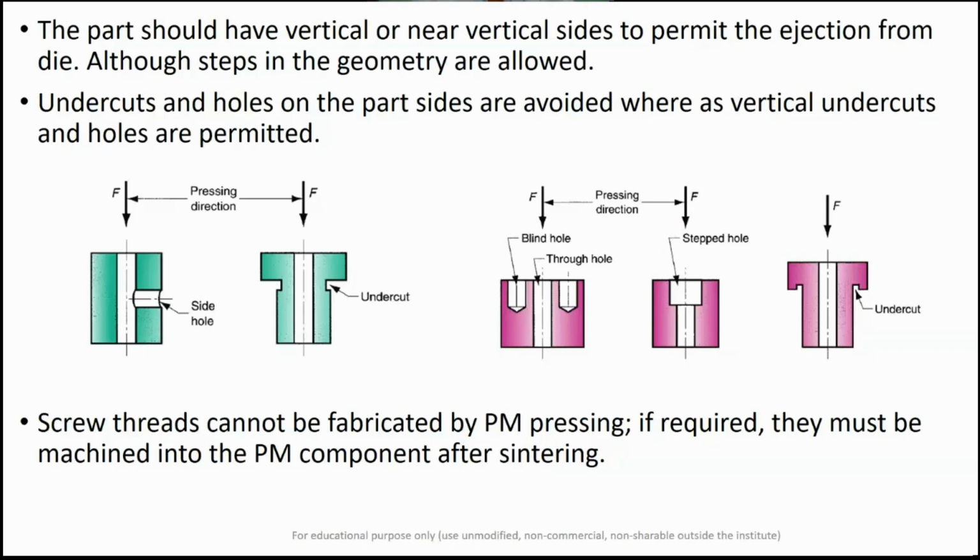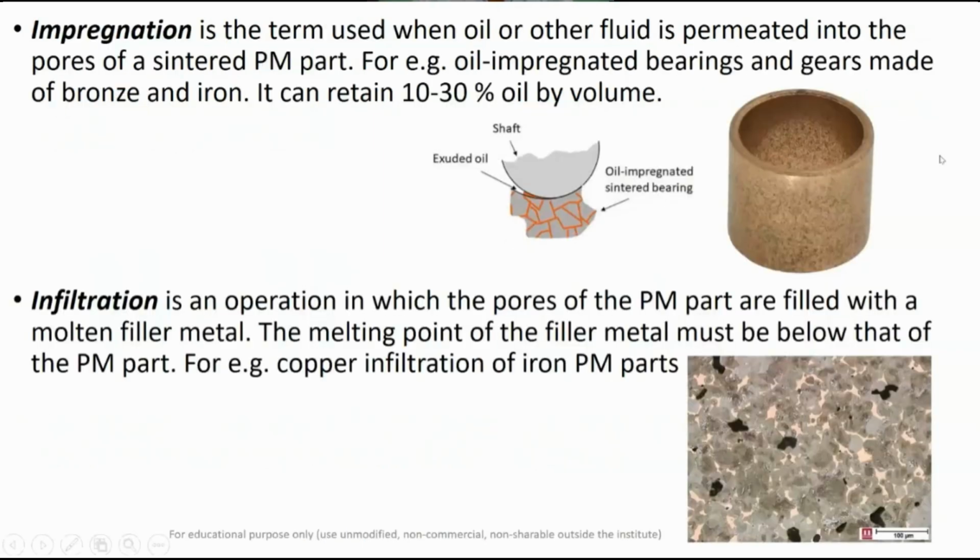However, if you want threading on the part, you can easily machine it after the sintering process, not after the compaction stage, because after sintering the material has acquired sufficient strength. So these are some important points to keep in mind while designing the part and the die.